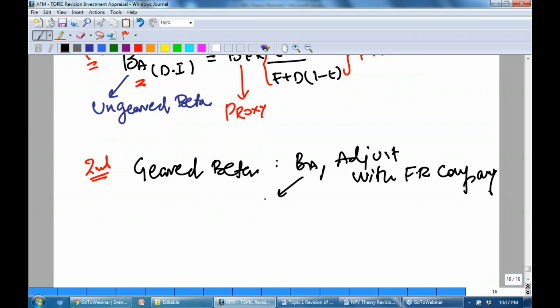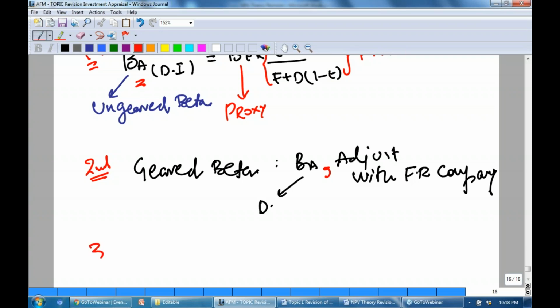Beta asset of diversified industry, and then adjust with the financial risk of the company.